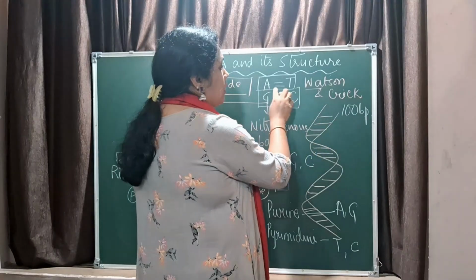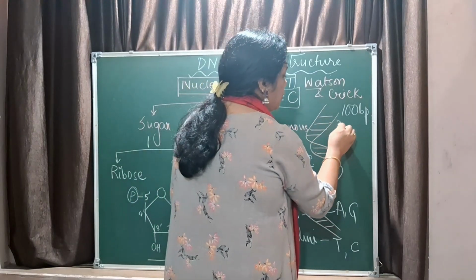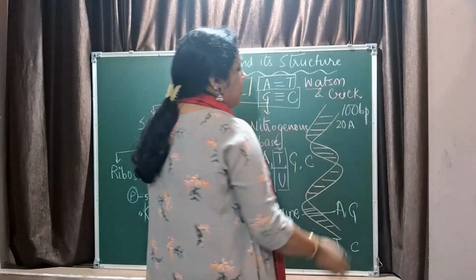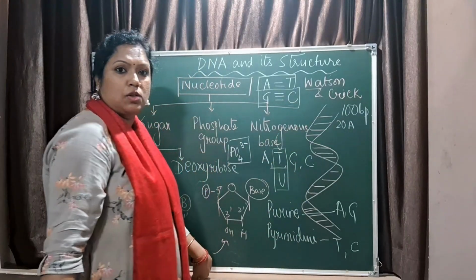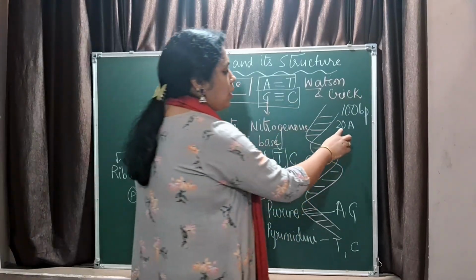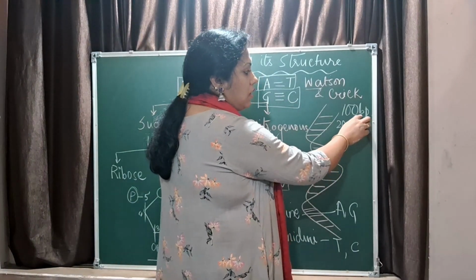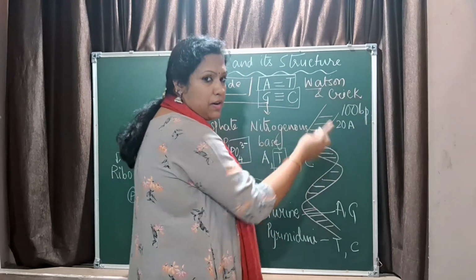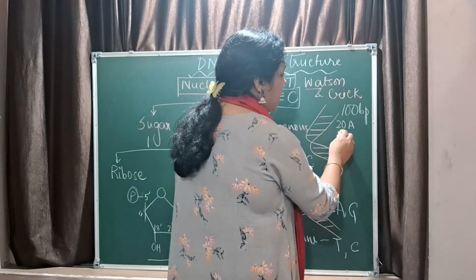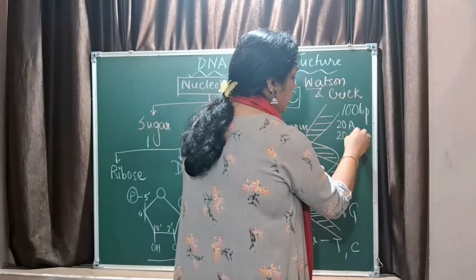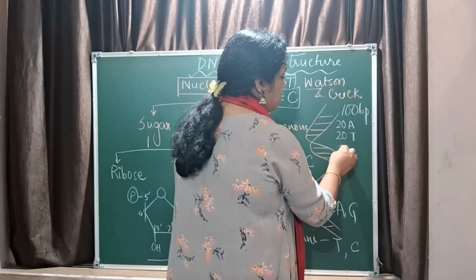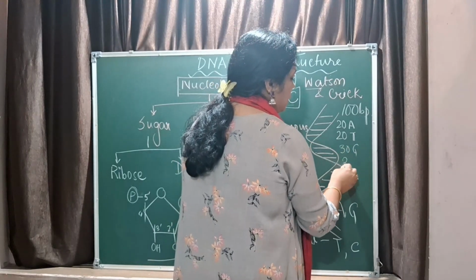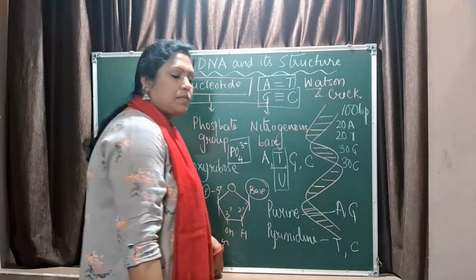If there are 20 adenine, then how many cytosine do you have? There are 100 base pairs, so 20 adenine will base pair with 20 thymine. So 40 is over. The remaining 60 are 30 guanine base pairing with 30 cytosine.